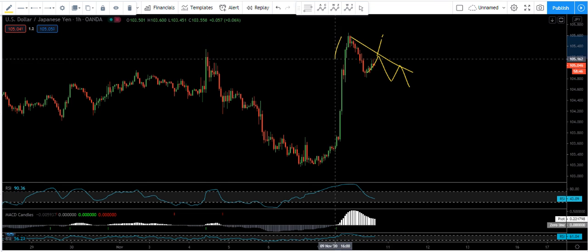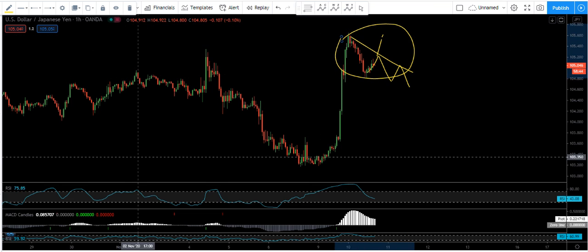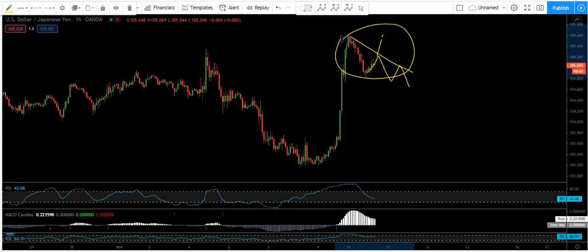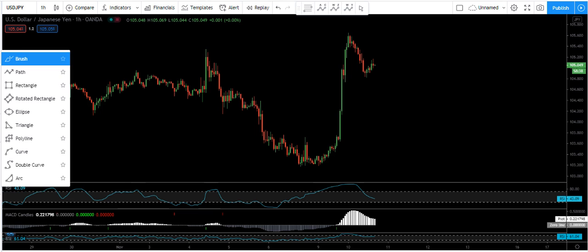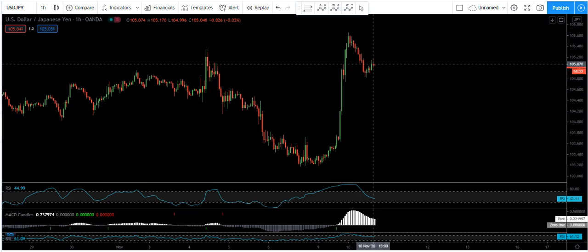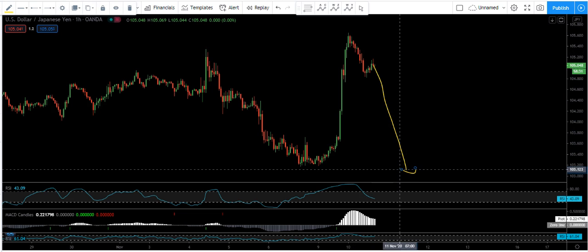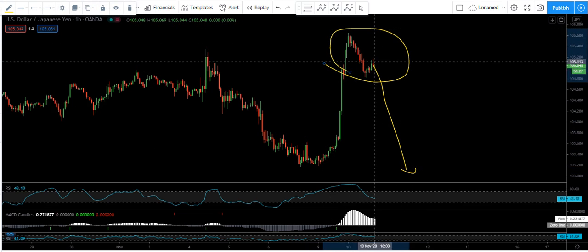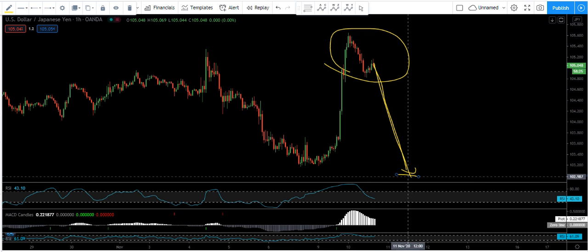Now we need to see what type of correction we get here before we take the buy. Even based on the daily, I mentioned that there is also the possibility of the price coming to this low. That means the price may not move up from here, but come to this low and test it before it moves.